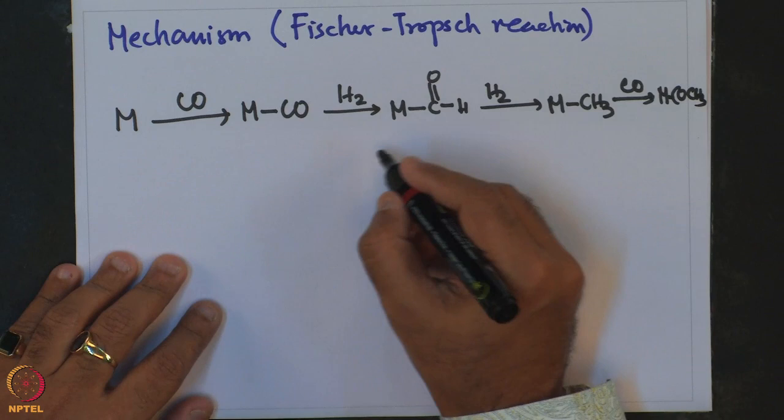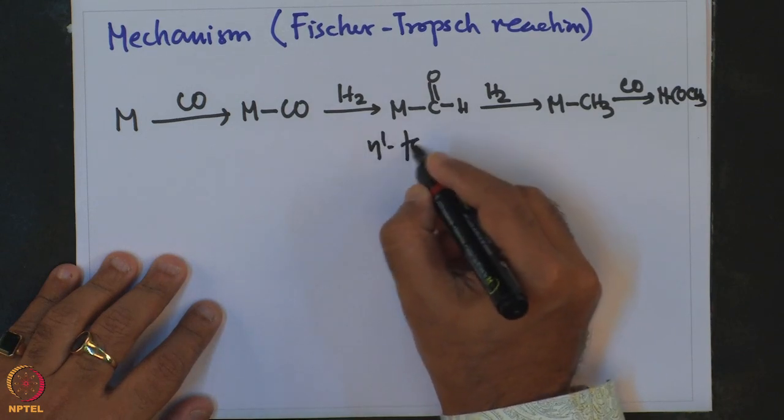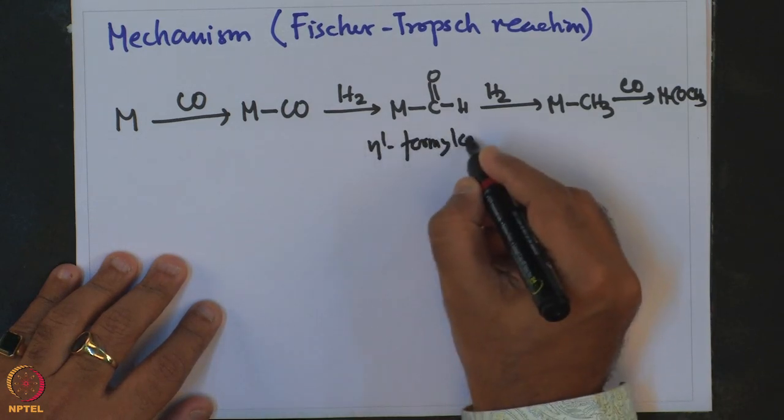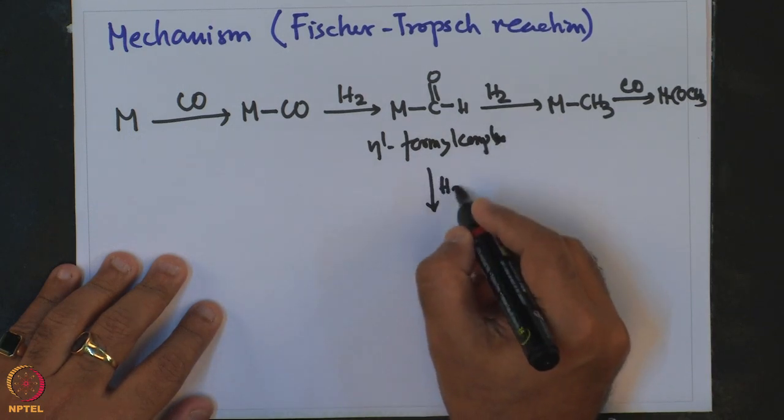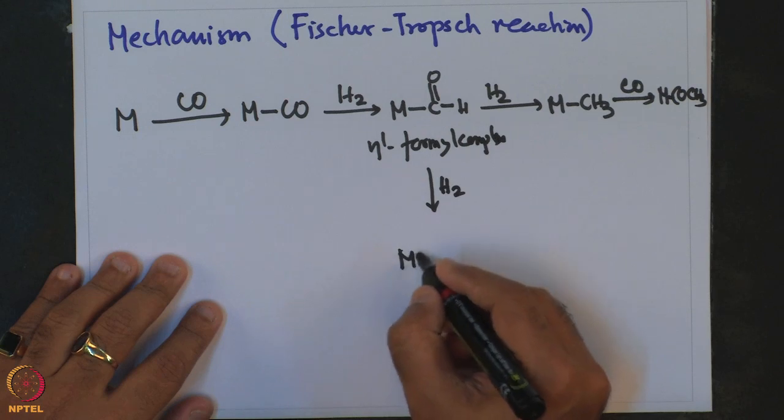MCHO is nothing but an eta 1 formyl complex that reacts with hydrogen giving MO.